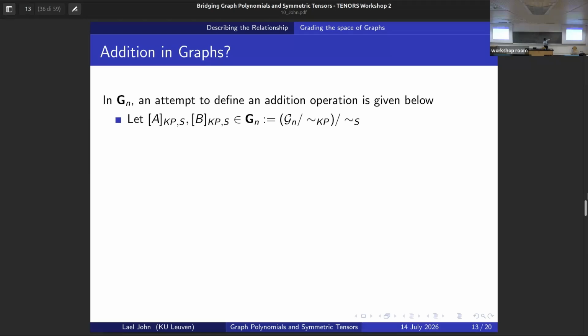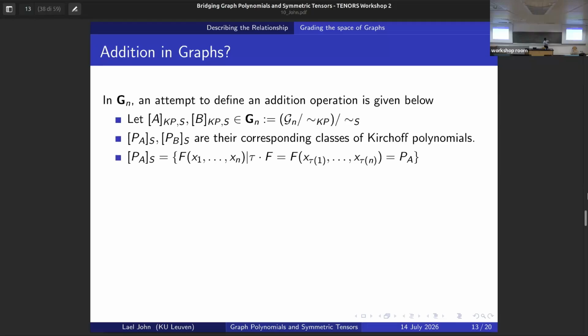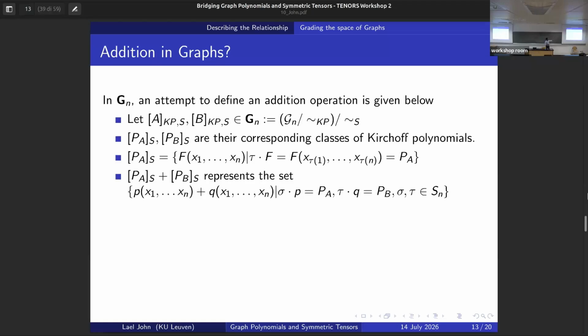So if I take two equivalence classes, A and B, then I can take their corresponding Kirchhoff polynomials. The corresponding Kirchhoff polynomial classes look like this, up to symmetry. Adding these classes gives me a set of this form, where P is related to PA and Q is related to PB.